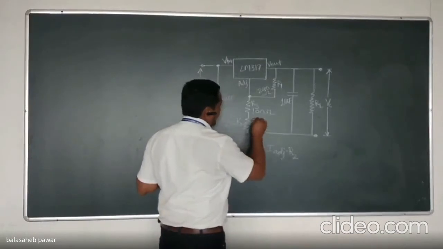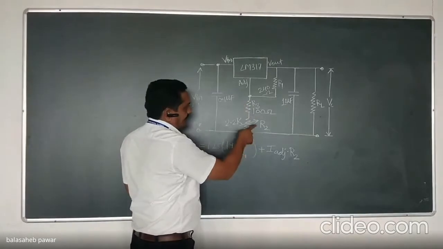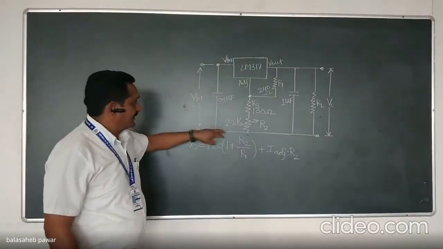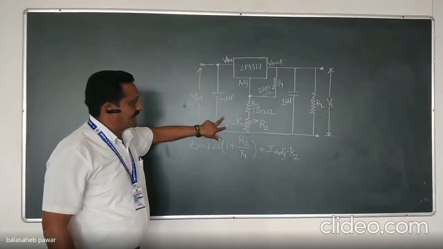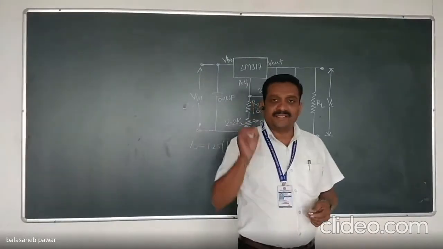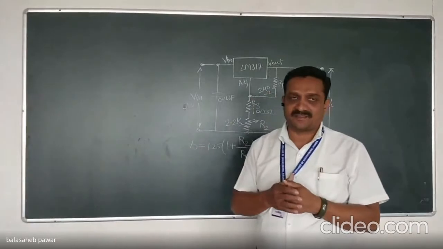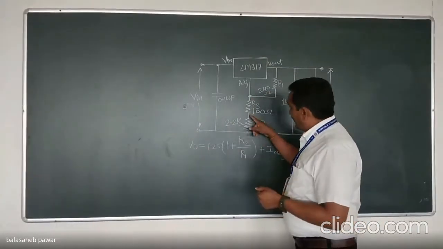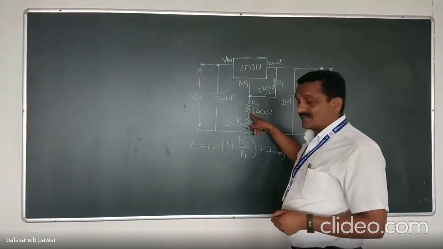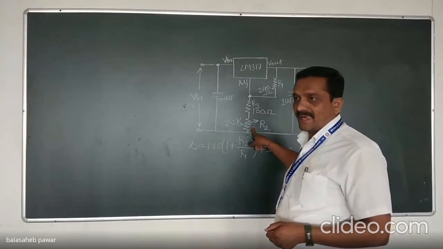Here I connected two resistors to the adjustable pin, that is R2 and R3, right? Where R2 is variable, 2.2 kilo ohms. That means we can vary the value of R2 from 0 ohm to 2.2 kilo ohms, while the other resistor, R3, permanently remains in series with R2.